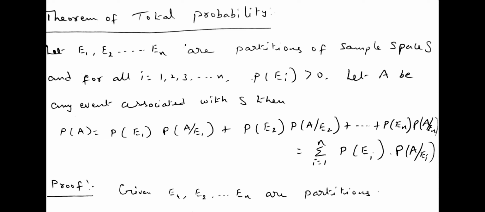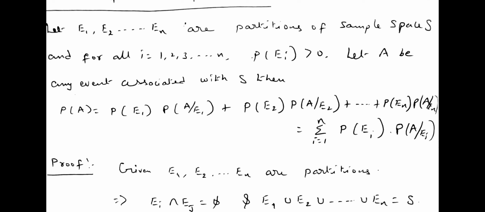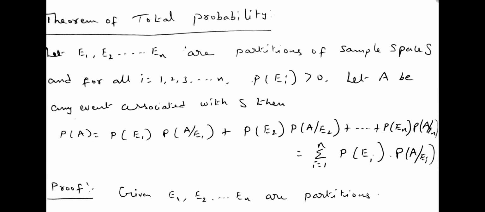Let A be any event associated with S. Then probability of A is P of E1 into P of A by E1 plus P of E2 into P of A by E2 plus so on plus P of En into P of A by En, which is nothing but summation i equal to 1 to n of P of Ei into P of A by Ei. That is the definition of the theorem of total probability.